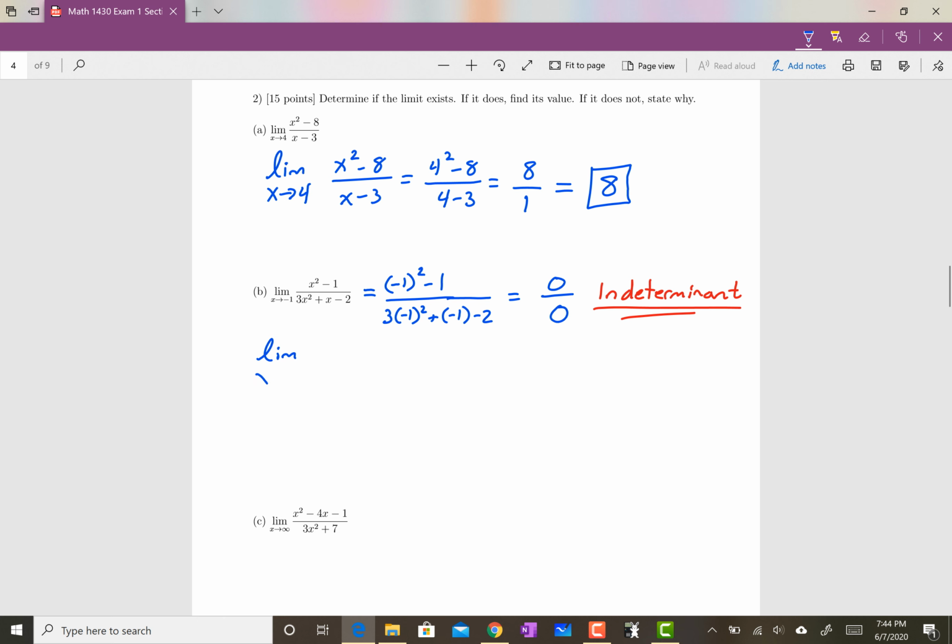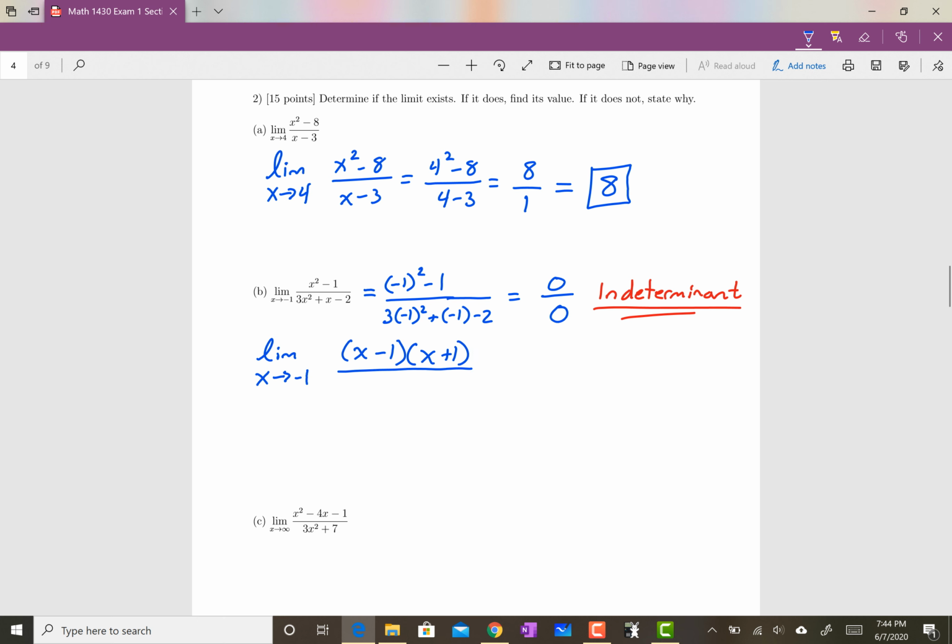So something that you can do with limits that you cannot do with functions is you are allowed to factor and simplify if possible. Now we see that in the numerator we have x squared minus 1. You should notice that this is the difference of squares, and we'll factor into x minus 1 times x plus 1.